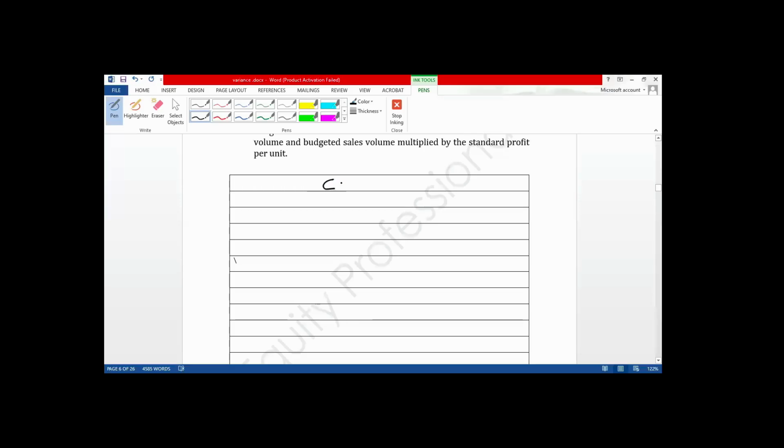We are starting with cost variances. Under cost variance, we have direct material cost variances.